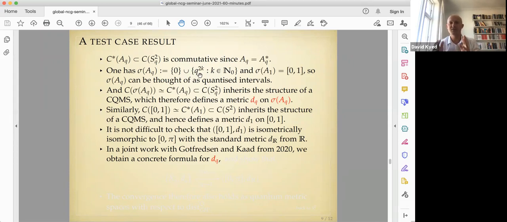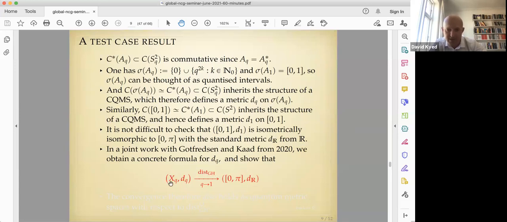So you can write it down fairly explicitly in terms of q. And once you understand the metric well enough, you can prove that these quantized intervals do indeed converge to the expected limit point, namely the [0, pi] interval with the standard metric, in the Gromov-Hausdorff distance.